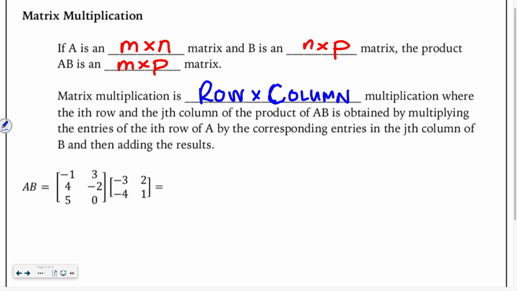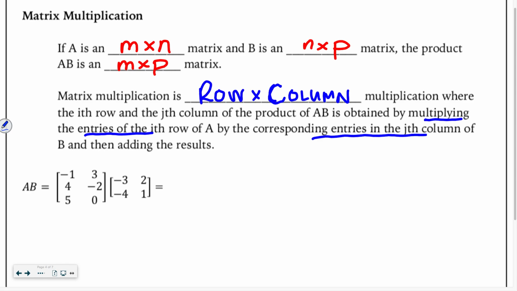It describes taking the ith row and jth column of the product, and here's how it works. You multiply the entries of the ith row by the corresponding entries in the jth column. So that means the first entry in my row multiplies by the first entry in my column. The second entry in my row multiplies by the second entry in my column.